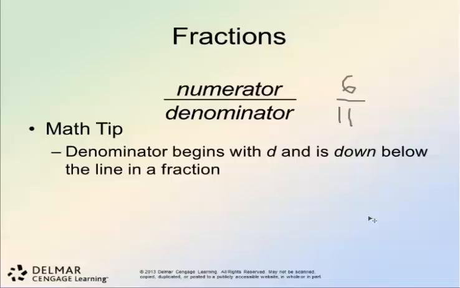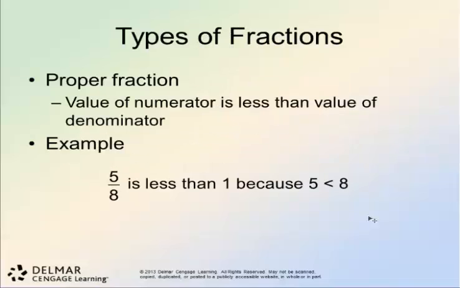When we have fractions, we always like to write them in reduced form, reduced to lowest terms, and we do not want to write them as improper fractions, and we'll talk more about that in a second. A proper fraction is a fraction such as 3/5 or 2/7, where the value of the numerator is less than the value of the denominator.